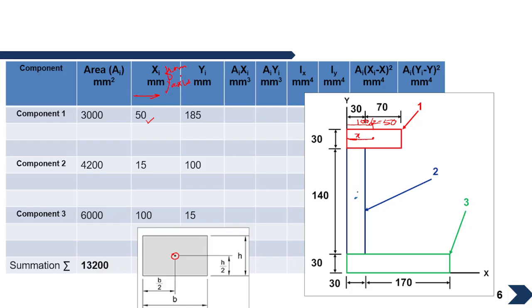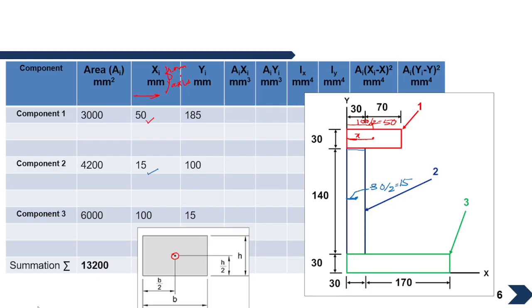This part I need to calculate horizontally from the y-axis, so this will give me the centroid of component 2 about the y-axis, and this will be nothing but 30 by 2. From here to here it is 30, so this will be 30 by 2, which is 15. So we have got 15 over here.